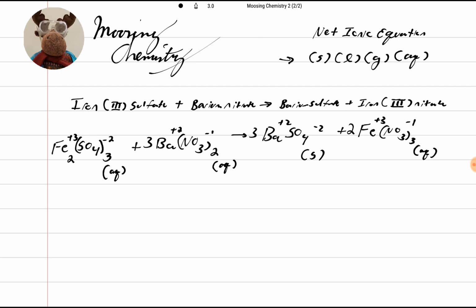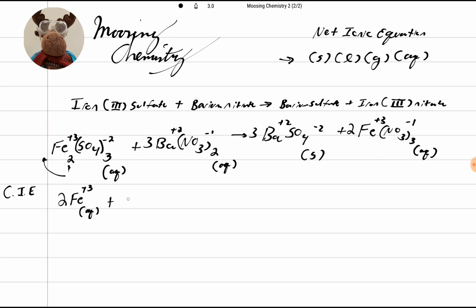Now we come to our complete ionic equation. I call it the CIE. So we're going to write this as 2Fe plus 3 AQ. That 2 goes out in front of there.